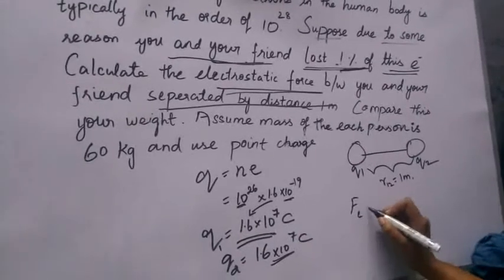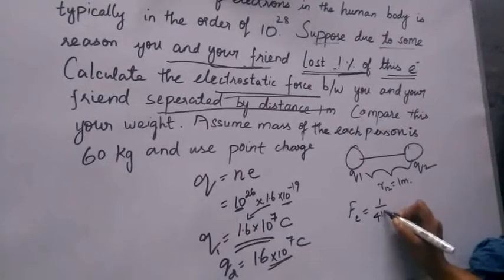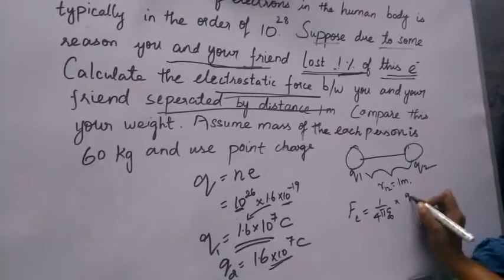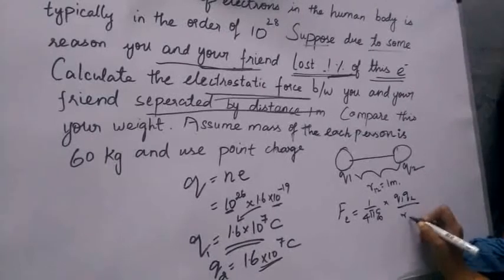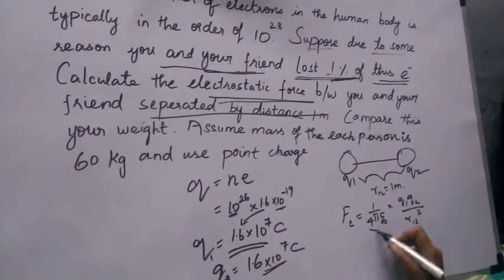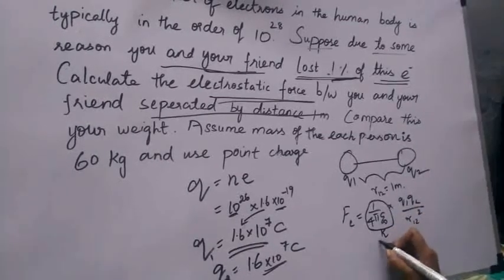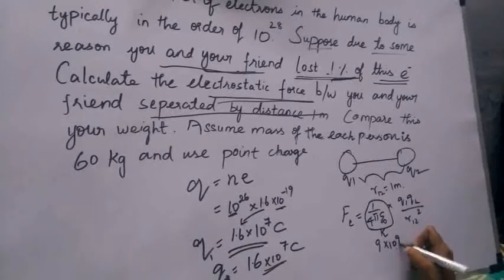And the formula for finding the electrostatic force is 1 by 4 pi epsilon naught into Q1 Q2 by R12 square. So this 1 by 4 pi epsilon naught is nothing but the constant K, whose value is 9 into 10 to the power 9.